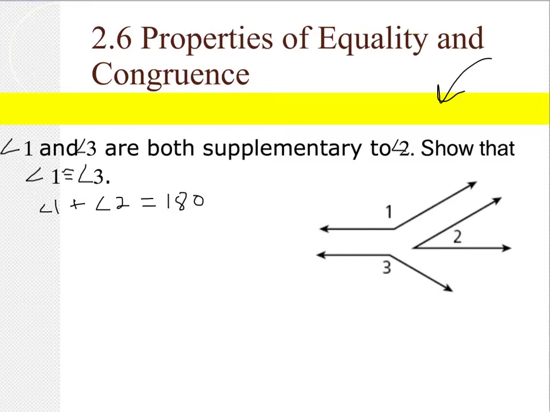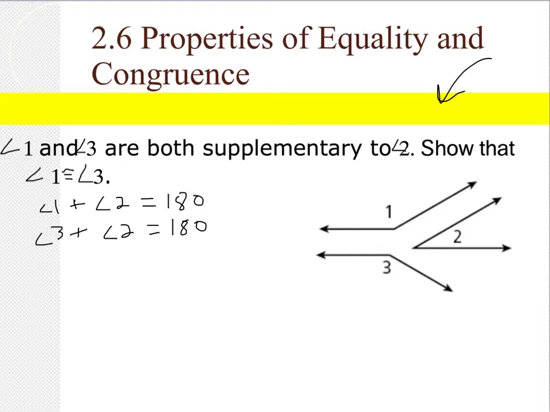Okay, now do the same thing with angle 3. Angle 3 plus angle 2 is equal to 180. Now you can tell that angle 1 plus angle 2 is equal to 180 and angle 3 plus angle 2 is equal to 180.